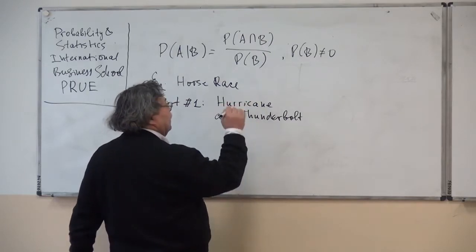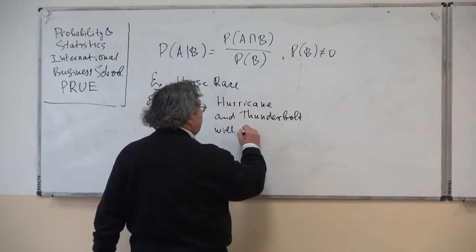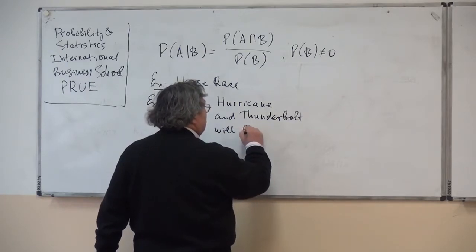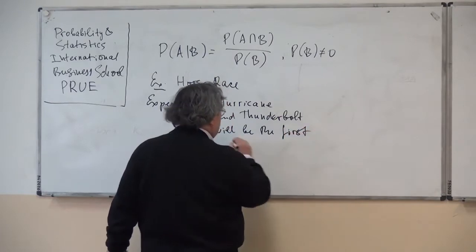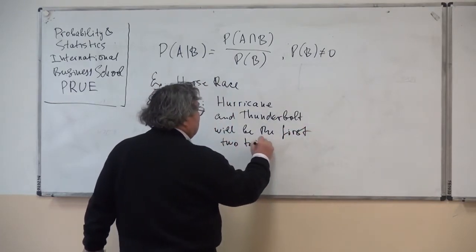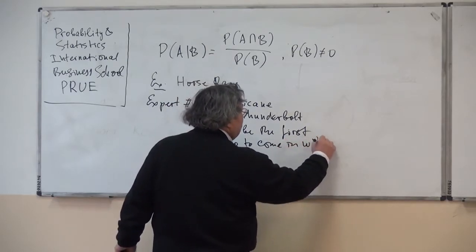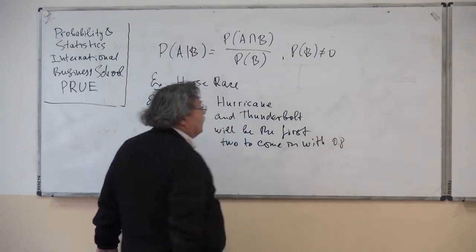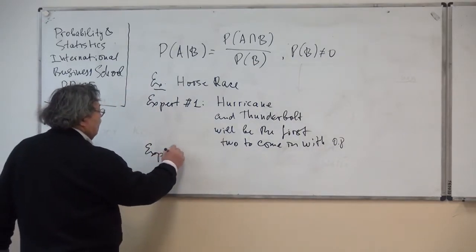So Hurricane and Thunderbolt will be the first two to come in with probability 0.8. And we have another expert opinion.